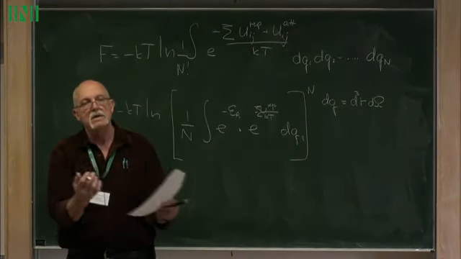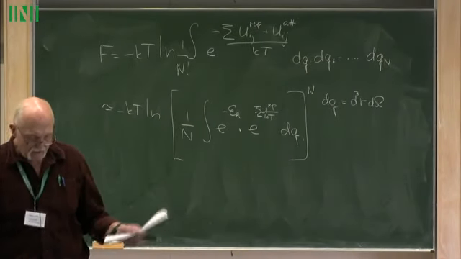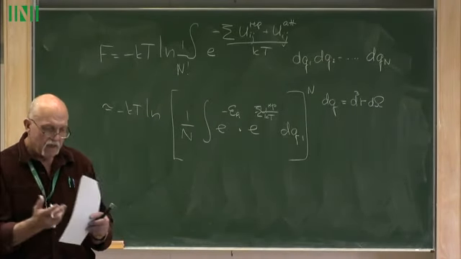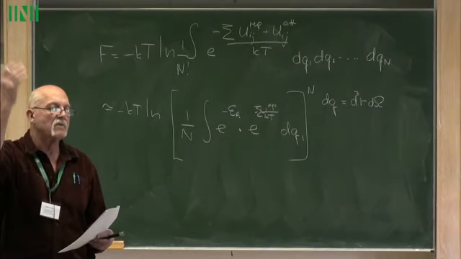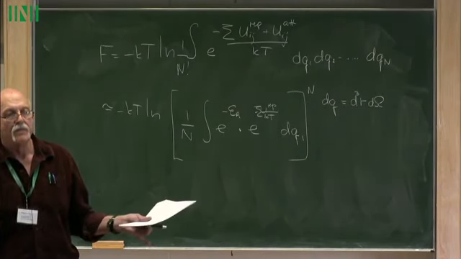So we have hardcore repulsion, which is usually described by saying that we have a potential. If particles interpenetrate, energy goes to infinity. If they don't touch, the energy is zero.